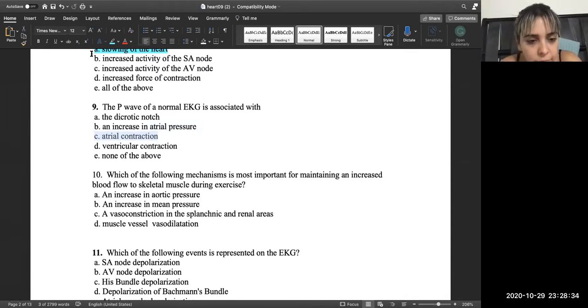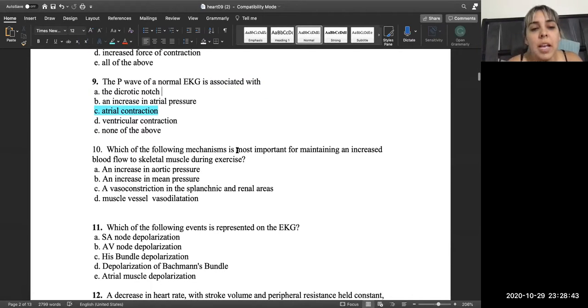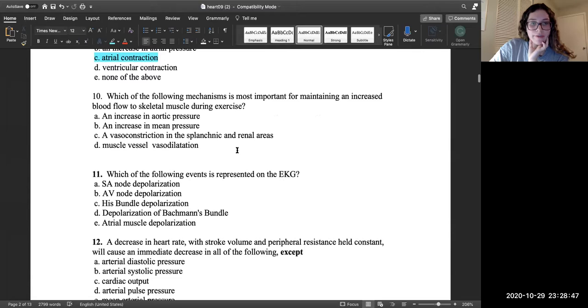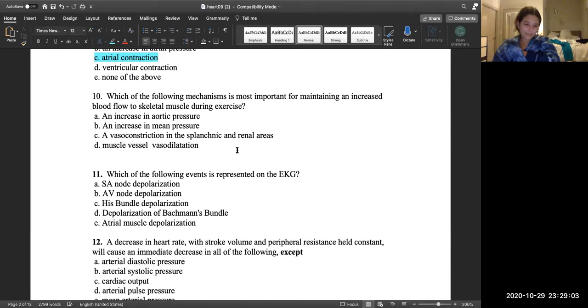Supposed to be depolarization, but when it's not there, it's associated with it. It's going to contract the atrium. Okay, it says note that it strictly represents only atrial depolarization, but since the question says associated with, C is correct. The P wave does not represent contraction directly though. Beautiful. It said it on the bottom of the question.